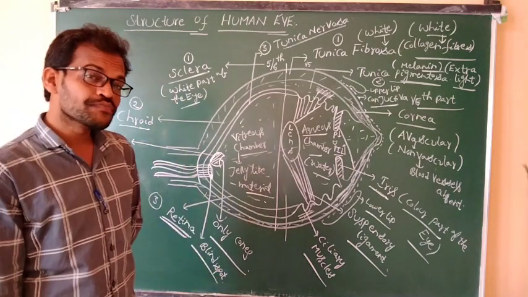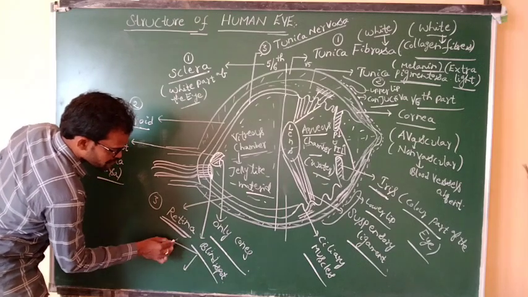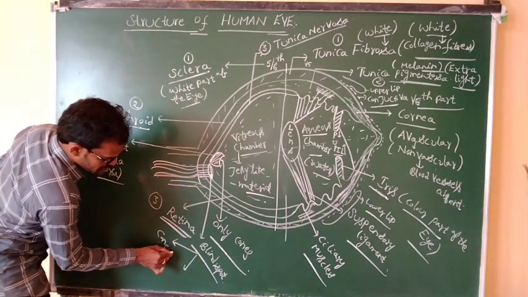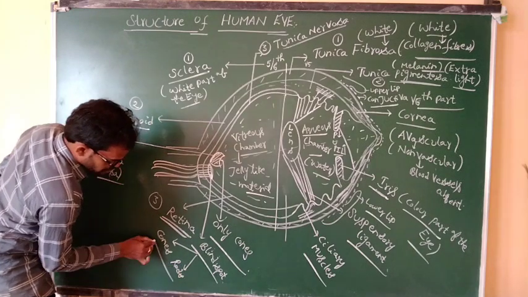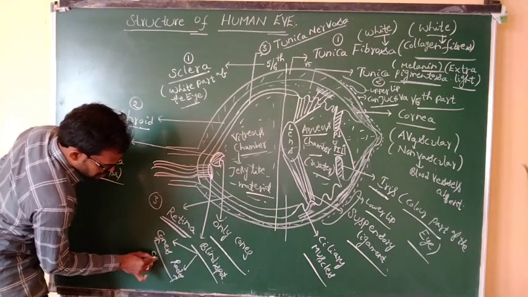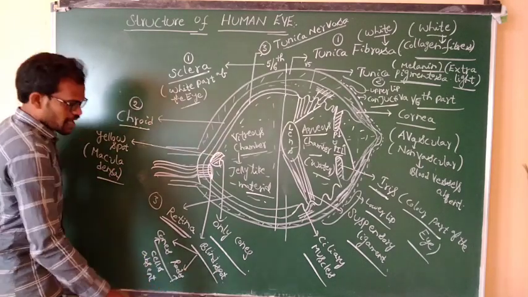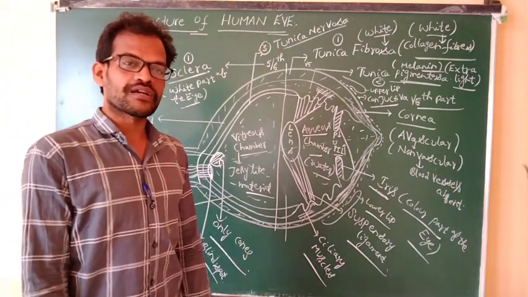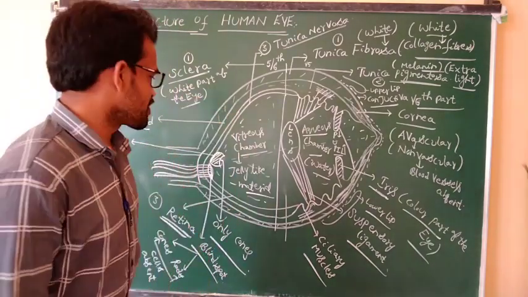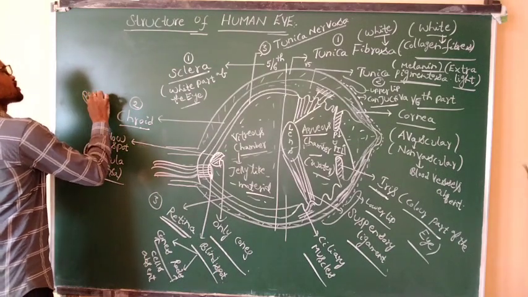Blind spot means no cones and no rod cells. Cones are absent and rods are absent, both cells are absent. What is the blind spot? Blind spot means no vision. Yellow spot means perfect vision.